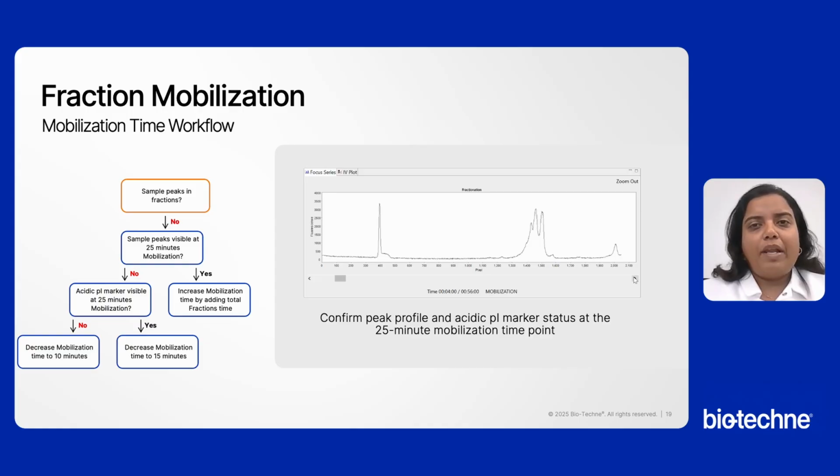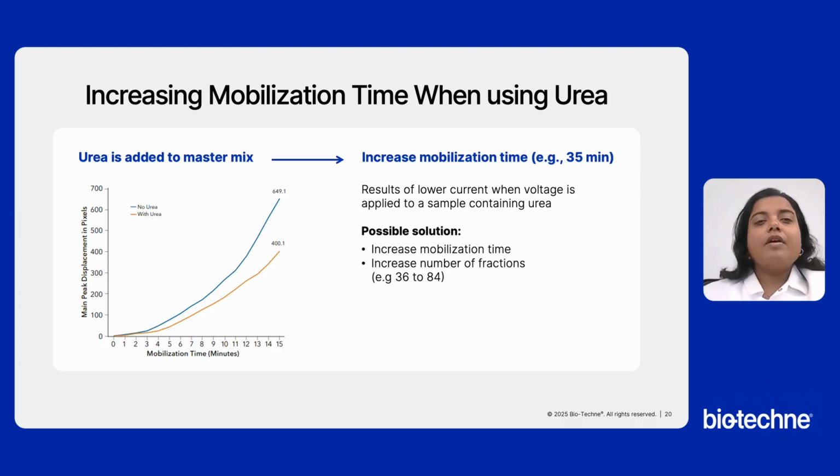Analyzing the mobilization time: if sample peaks are not collected in the fractions and the sample peak is still visible after the 25 minutes of mobilization, then increase the mobilization time. You can adjust the mobilization time as per the sample profile. Say, for example, samples containing urea typically mobilize slower during the mobilization and fractionation step.